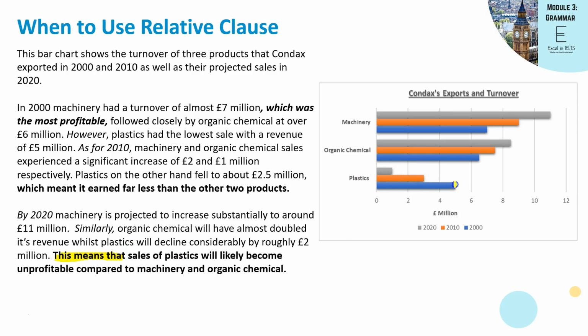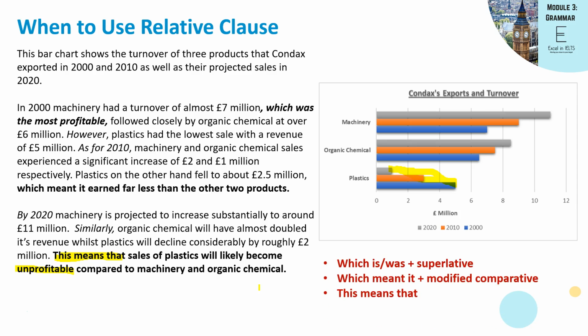So as you can see, plastics profits have been going down from 2000, and it's projected to even fall further in 2020. So I decided to add this comment. This means that sales of plastics will likely become unprofitable compared to machinery and organic chemicals. So these are the different ways you can comment on data.